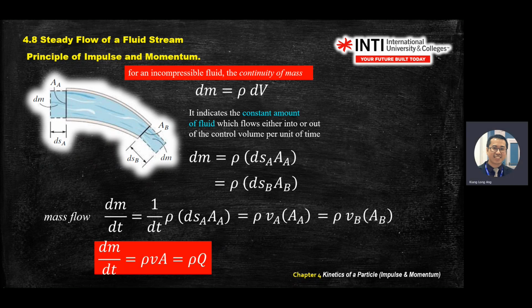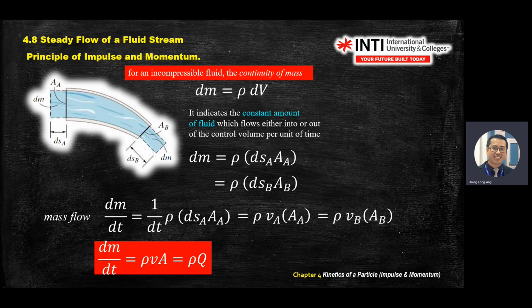Then this one is velocity. Then you get mass. Then this one you learn in your hydraulics. So Q equals VA. Normally you will see Q equals V times cross-section A, the pipe cross-section, when you deal with hydraulics.